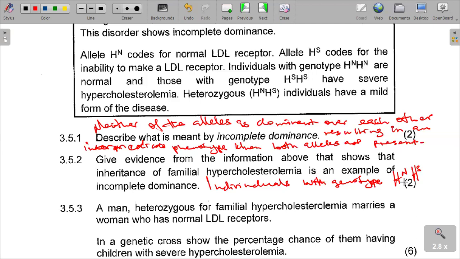These individuals have a mild form of what? Of the disease.